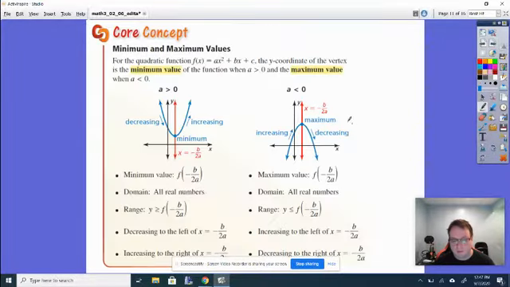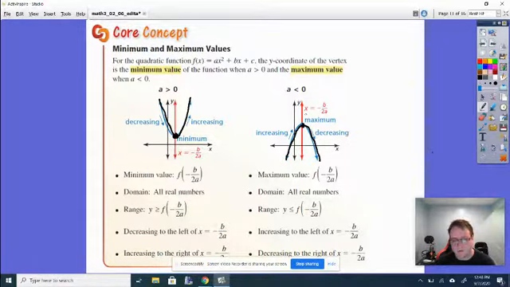Okay, minimum, maximum. So minimum and maximum, it's another thing, but really it's something you've already done. The nice thing about minimum and maximum is it's really just where the vertex is. Think about parabolas, right? If I have a parabola, my minimum is going to be here. If I have a parabola that faces down or opens down, my maximum is going to be here.